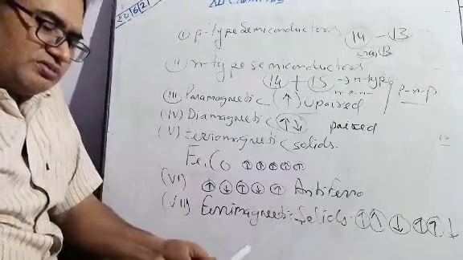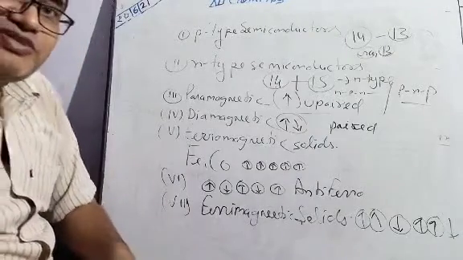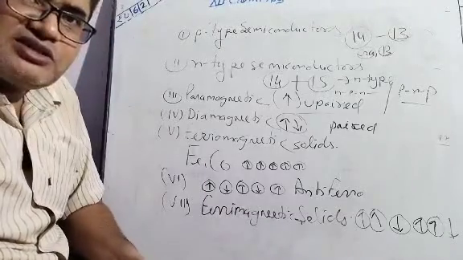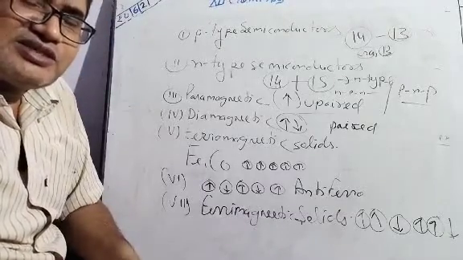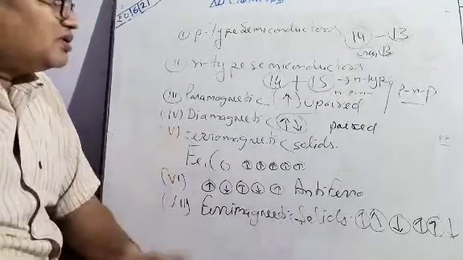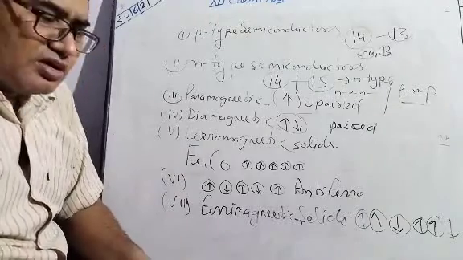So, children, I have summarized the whole chapter. This is very important regarding the NEET examination and the JEE examination as well as the CBSE examination. I have given you the whole theoretical portion of the solid state.